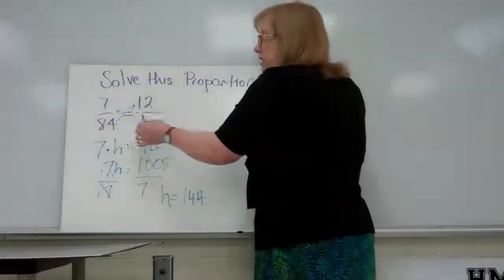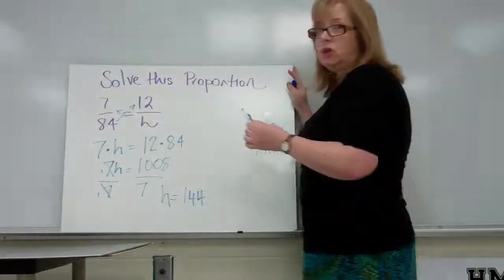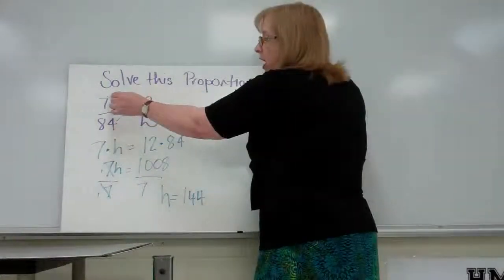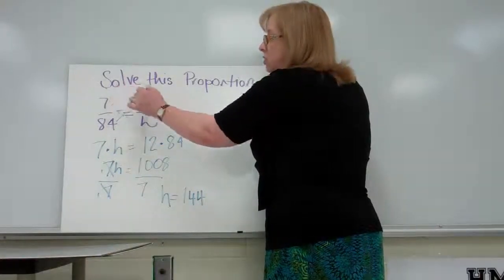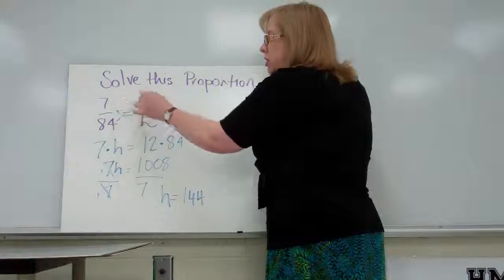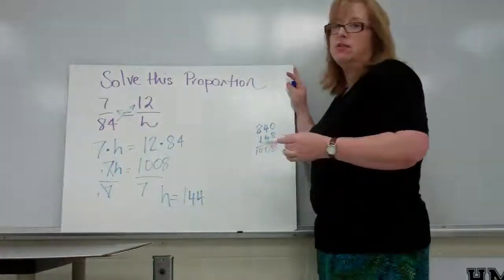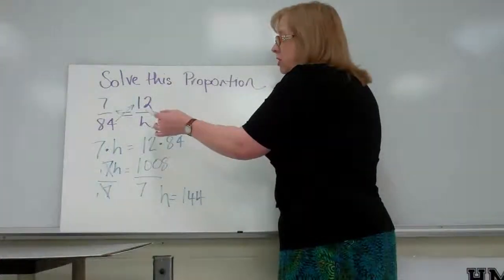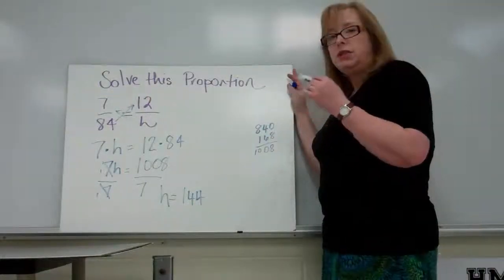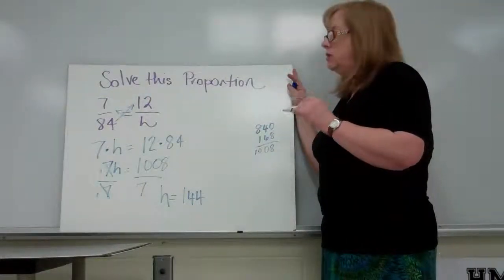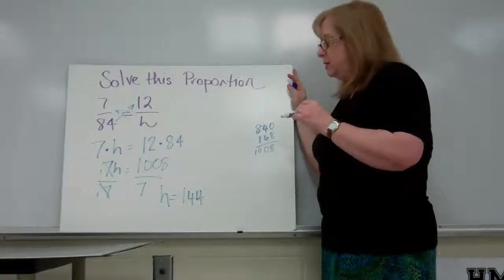So, often with these, it is tempting to look at the numbers. If I know my multiplication facts, I know that 12 times 7 is 84, so we might want to connect those numbers and conclude that this is 1 or something else. But you have to think carefully about them. Don't jump to conclusions about the numbers.